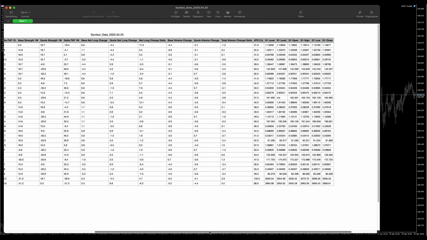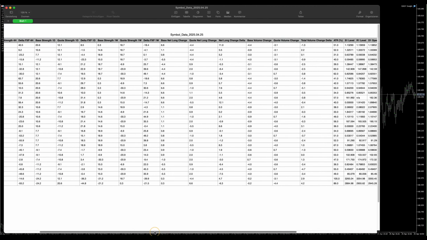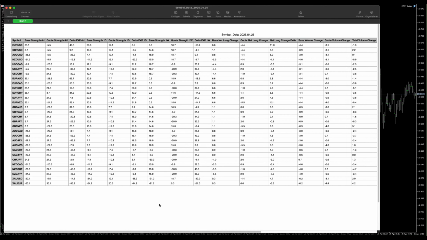So this data is saved in this CSV file, and while experimenting with AI during the past months, I noticed that sending a screenshot isn't reliable because the AI is mostly not capable to determine the indicator values precisely from the screenshots.